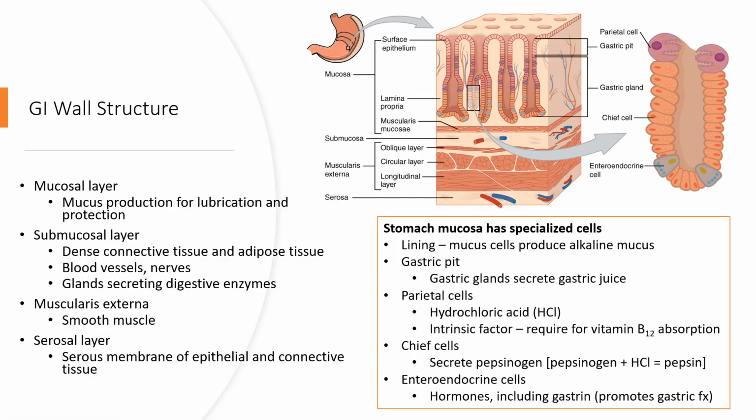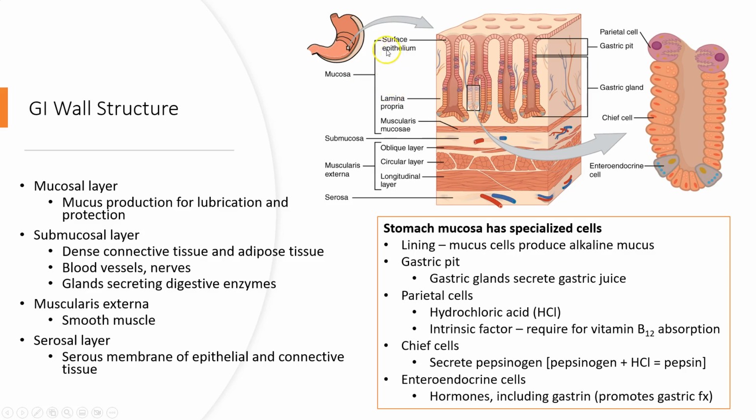Let's look at the wall structure of the gastrointestinal tract. We will use this picture of the stomach mucosa as an example. So there are 4 layers in the walls of the GI system. We have a mucosal layer where we produce mucus so that we can lubricate and protect the system.